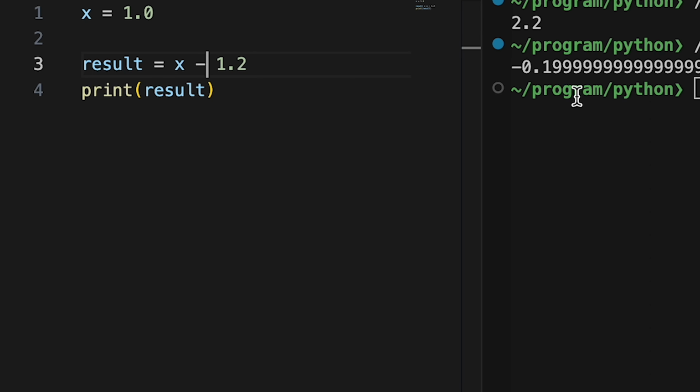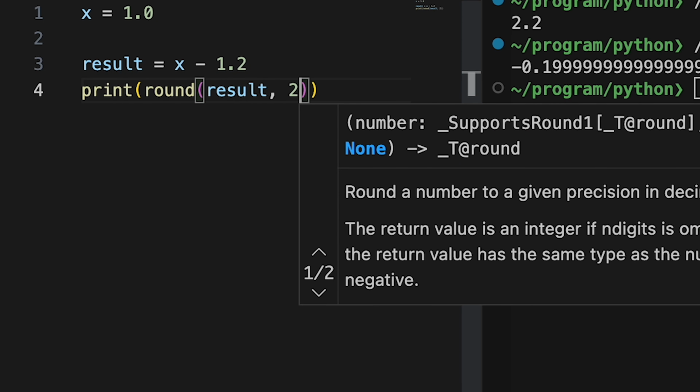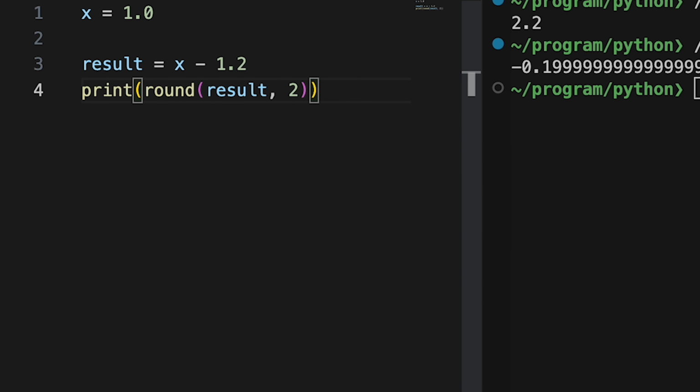So for example, you can use the round function, passing the result variable and 1, to round the result to one decimal place. So if we execute this program, you can get minus 0.2. So 1.0 minus 1.2 is minus 0.2, right? So we can get the expected answer.